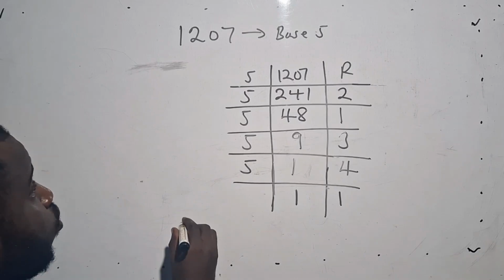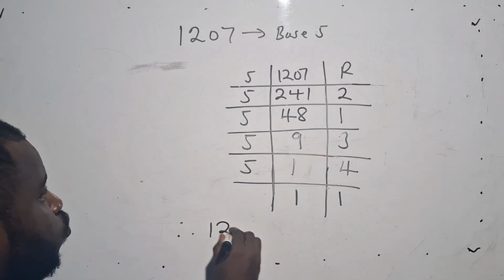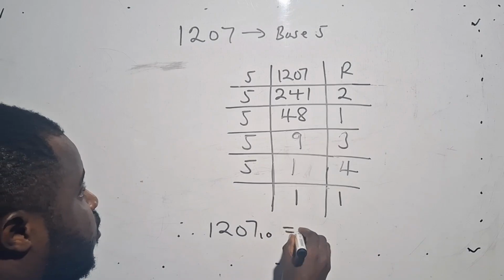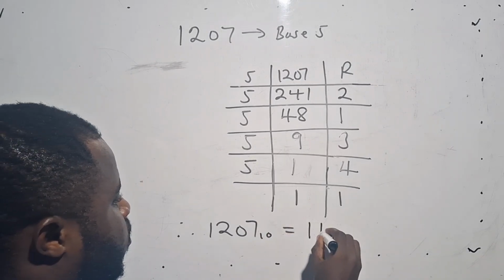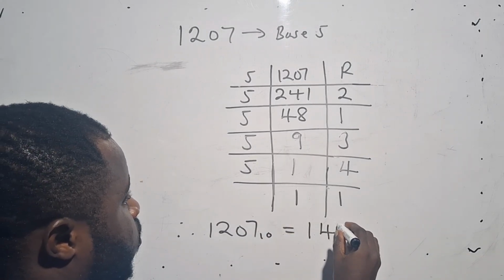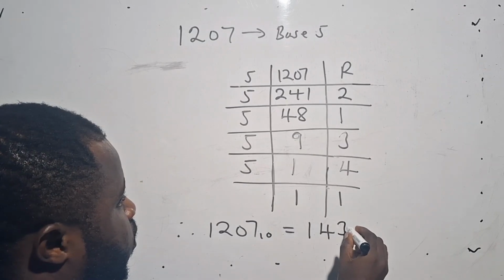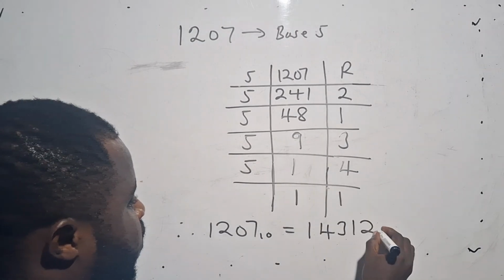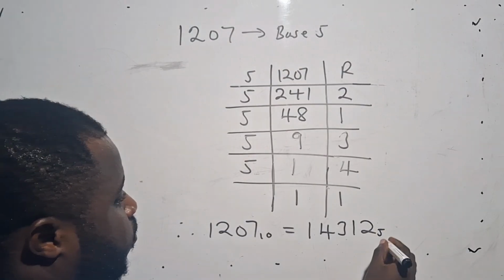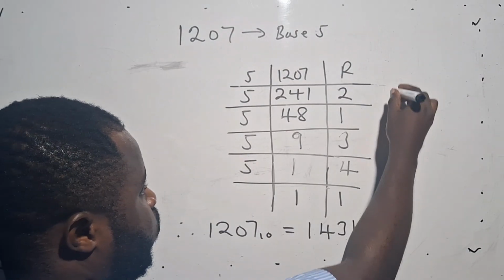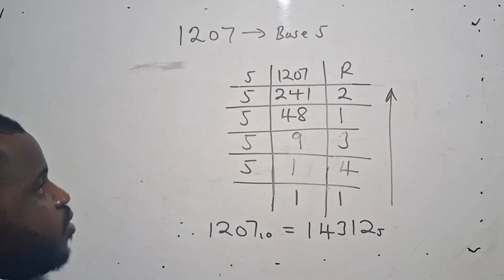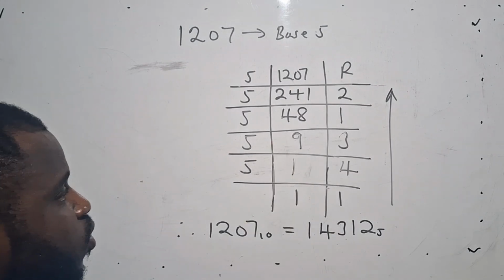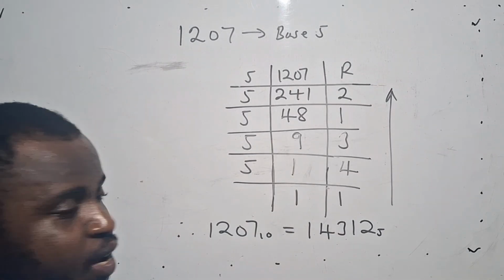So I can conclude by saying that 1207 base 10 is equal to 14312 base 5 as my answer, since we pick the answers upwards like this. So this is going to be my answer.